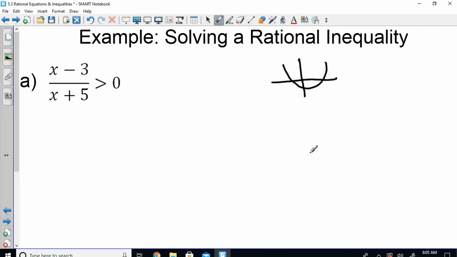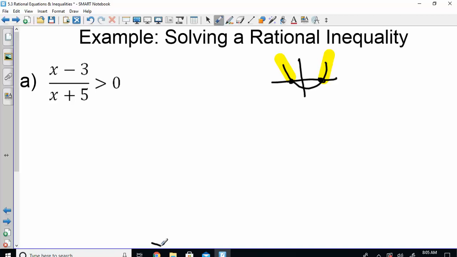Could you tell me where that graph was greater than 0? Here and here, right? The only way it can get from a positive to a negative is if you touch 0 in between, right? So what we're going to do is figure out what would make this thing equal 0, and then look at what happens to the signs there.